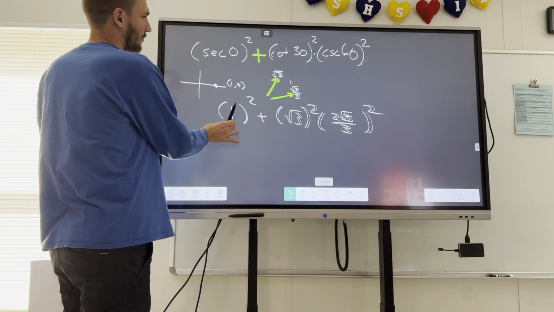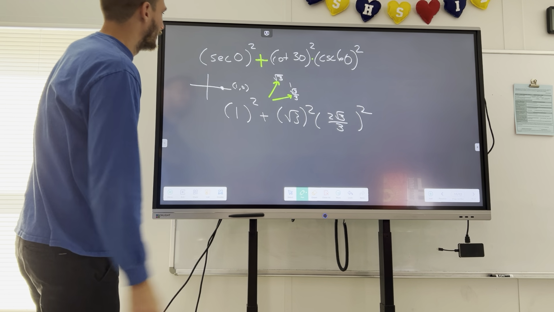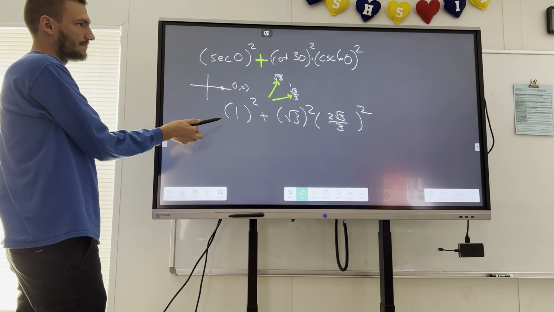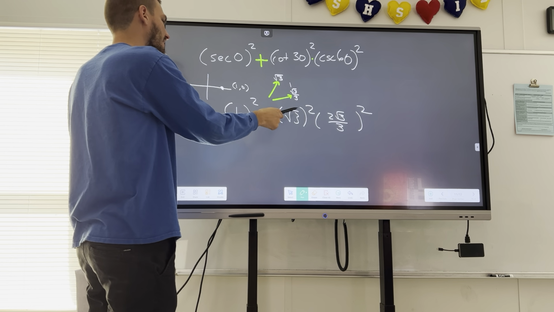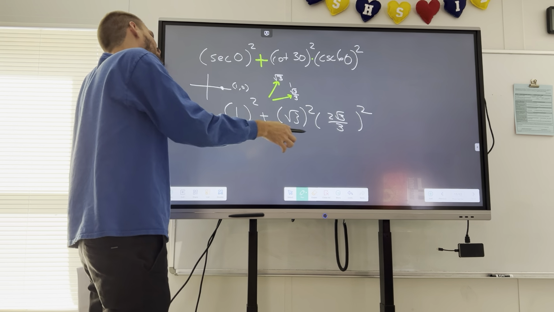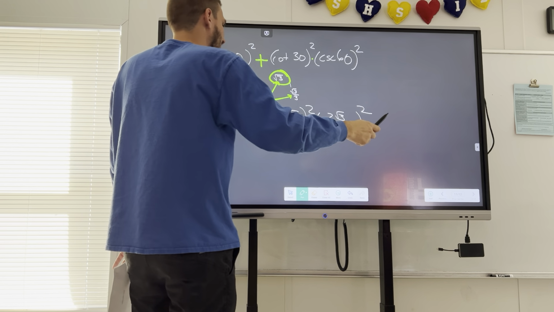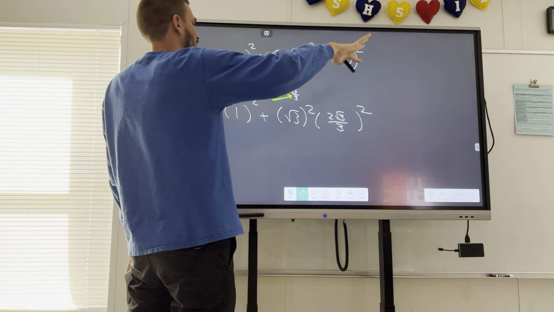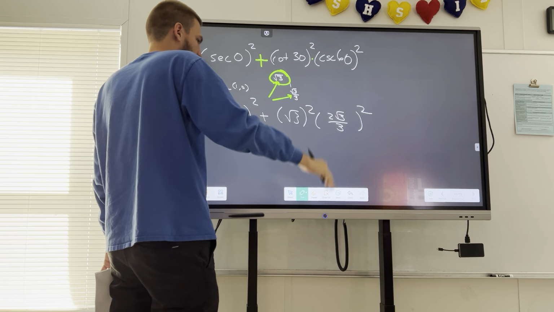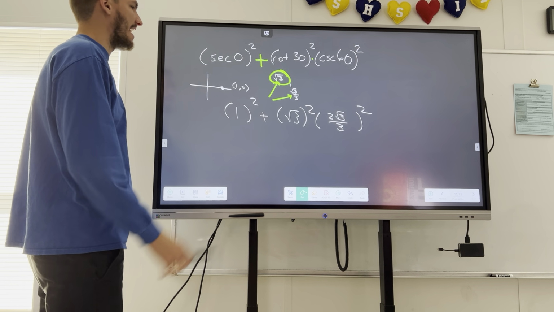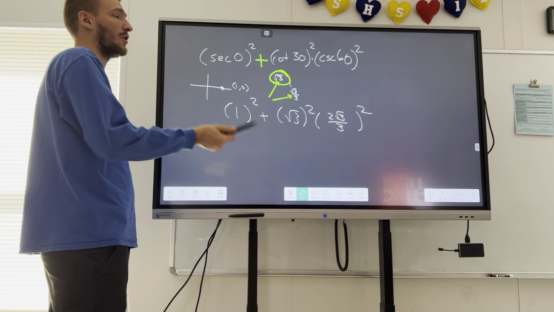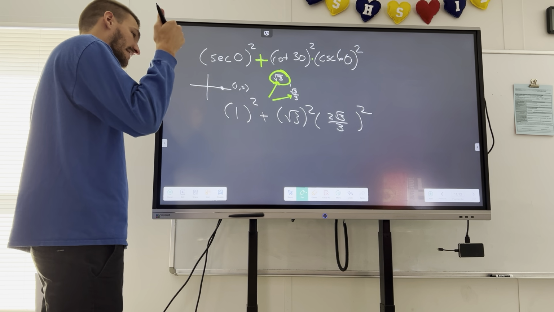All right, we'll pause for just a second. Secant of 0, that wasn't bad really. Cotangent of 30 is just like the tangent of 60. And then the cosecant of 60, well, the sine of 60 is square root 3 over 2, upside down: 2 square root 3 over 3. Now let's handle these squares next because we know PEMDAS, parentheses, exponents.